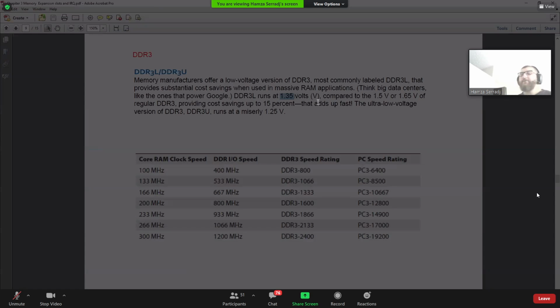But I'm saying, what is the advantage of consuming less electricity from 1.5 to 1.35 and from 1.5 to 1.25? Or from low voltage to ultra low voltage, it's 10 millivolts that I'm talking about. It's nothing, right?